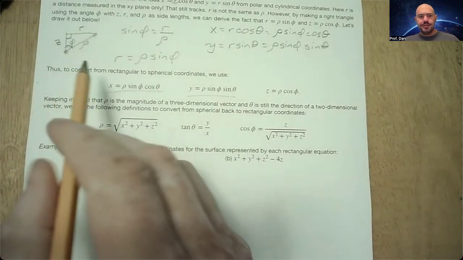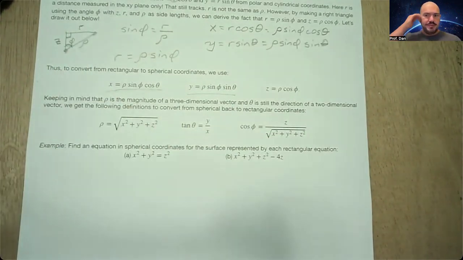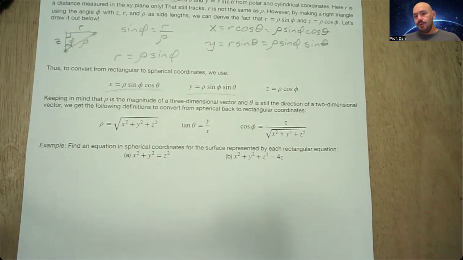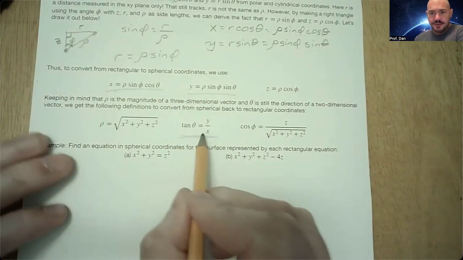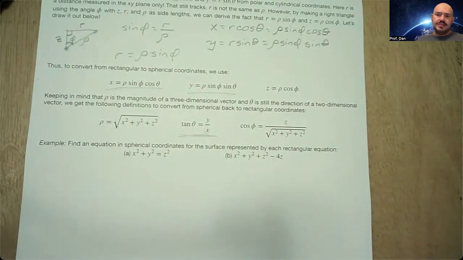Because remember, if we're in three-dimensional space, rho goes from the origin to the point, a three-dimensional vector. Theta is still only defined as the angle in a polar coordinate plane, right? We still have this exact same definition that carries over from cylindrical coordinates. You can still think of theta as the direction of a two-dimensional vector.